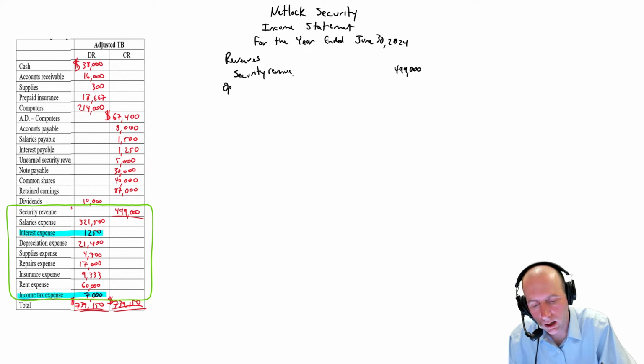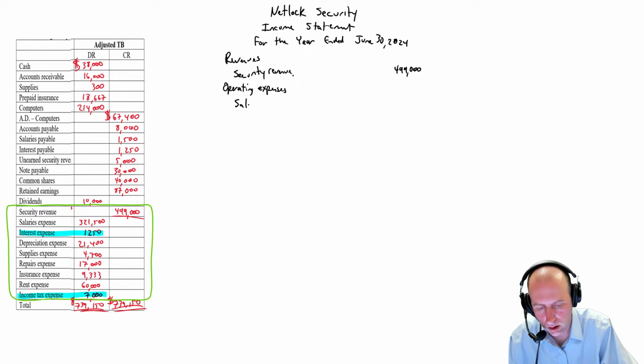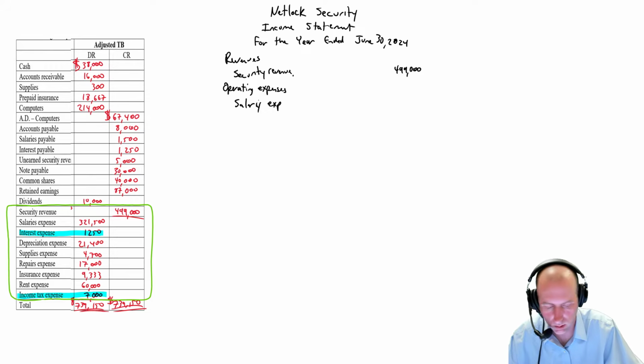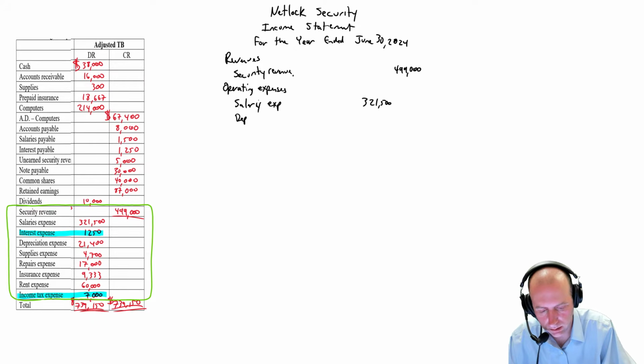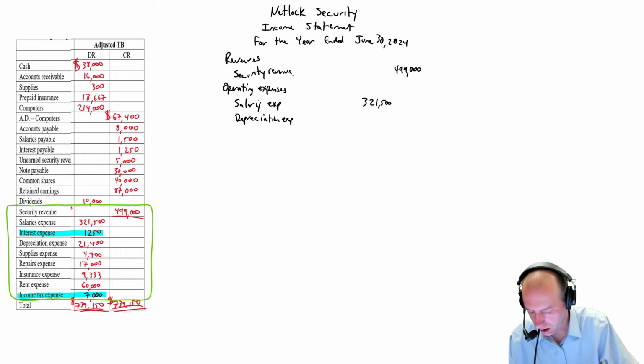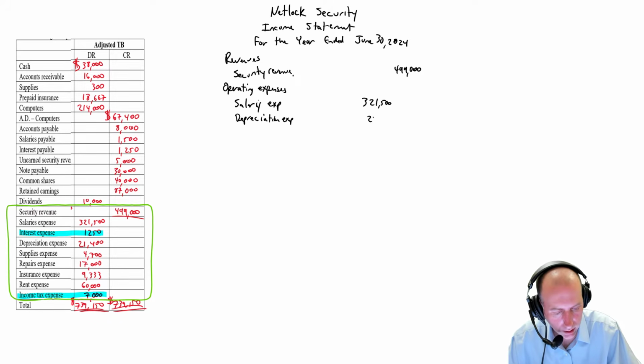Then we have our operating expenses, and under operating expenses, we'll just go through all but the ones I've highlighted. So salary expense, $321,500. Depreciation expense, $21,400.